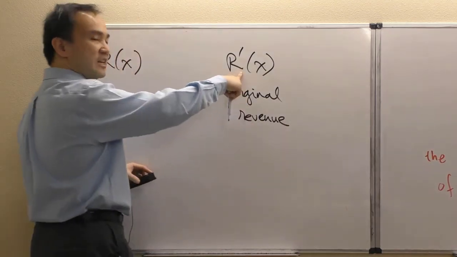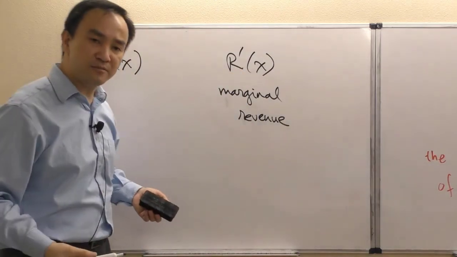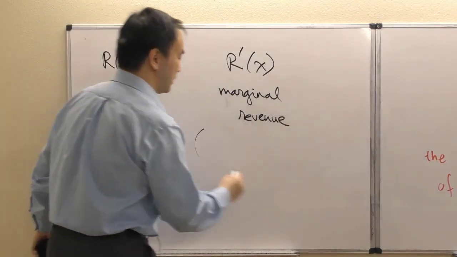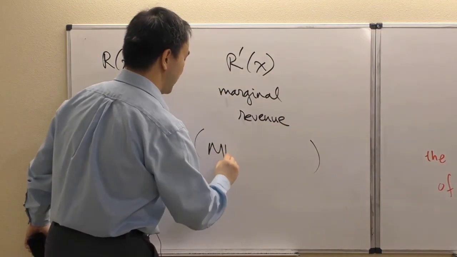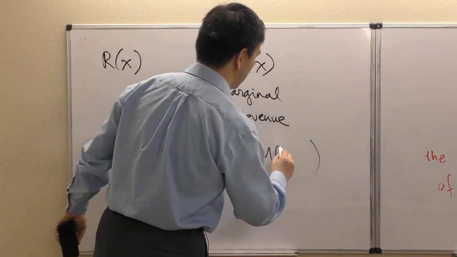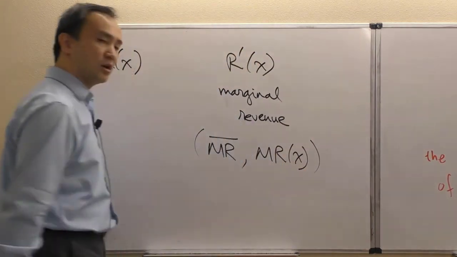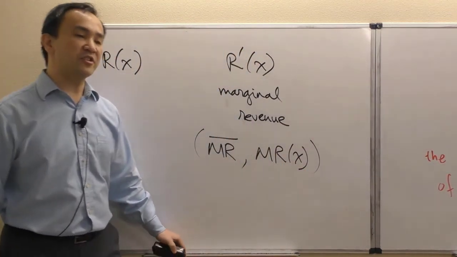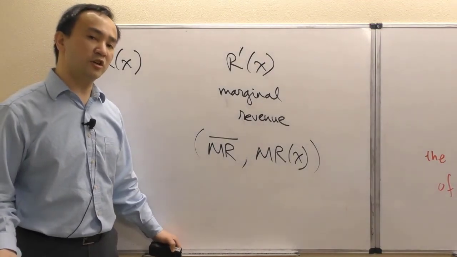Many textbooks stay directly with that R prime symbol for marginal revenue, but some textbooks go with MR with a bar, or just MR of x. Those are a couple of variations of the symbols for marginal revenue.